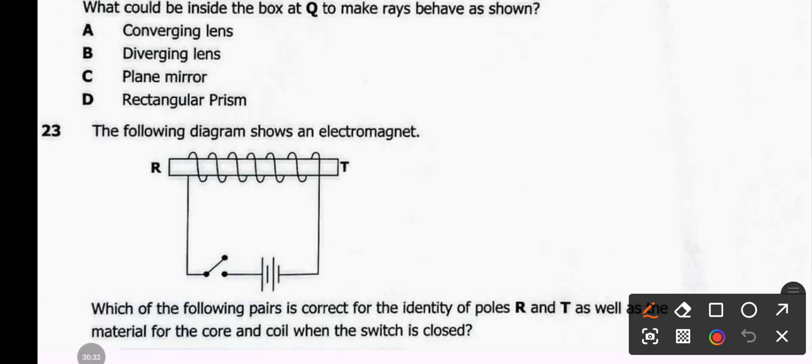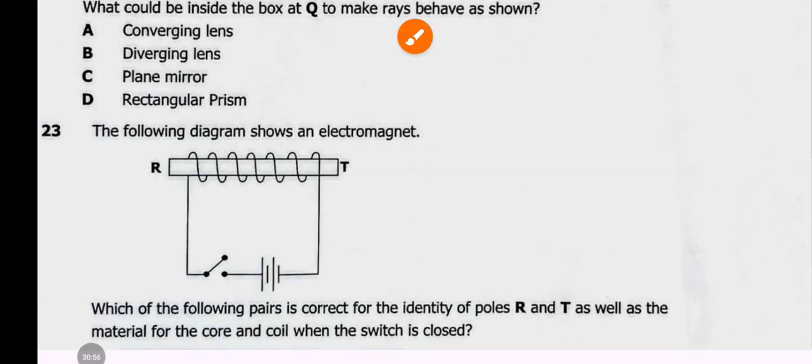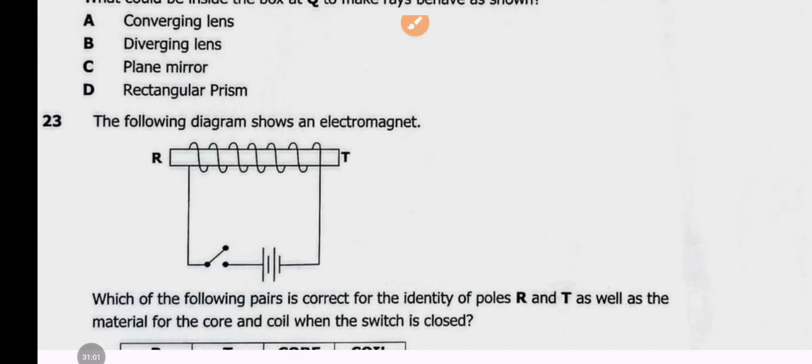So in this case, T is supposed to be the core, and this core is in most cases soft iron. Then R. Sorry on that.